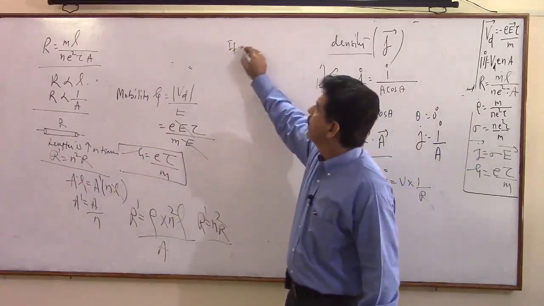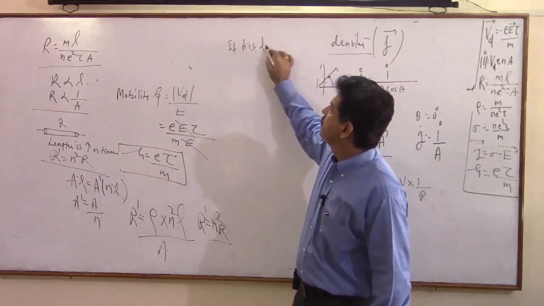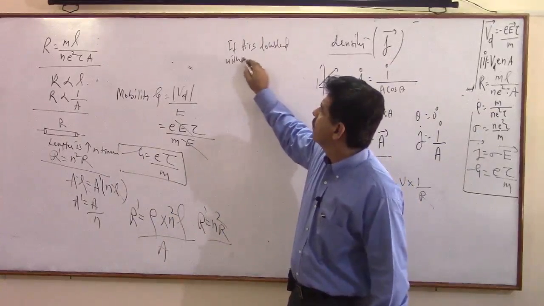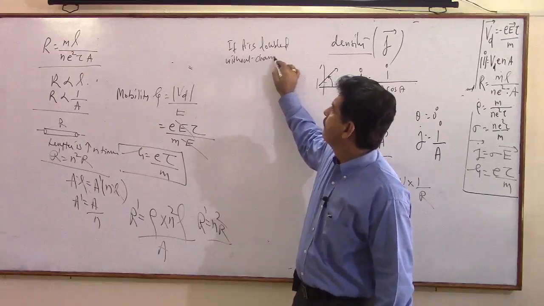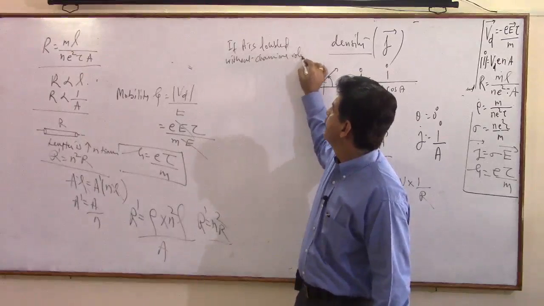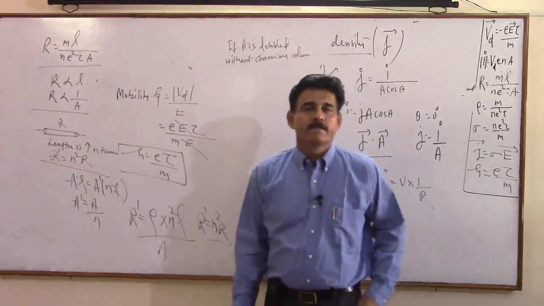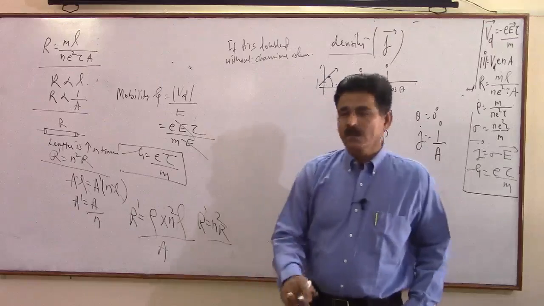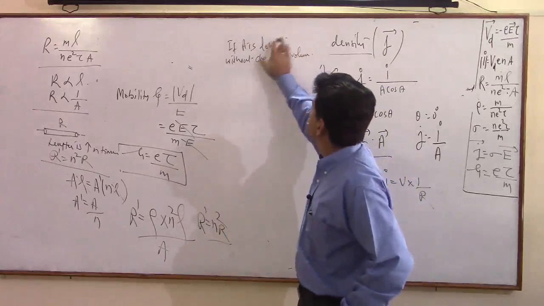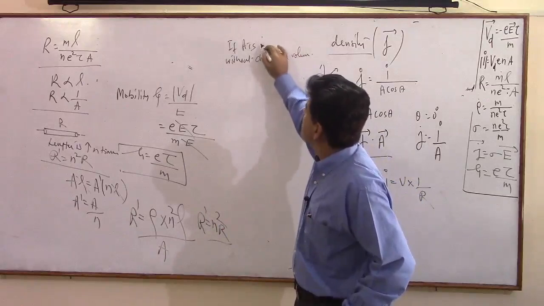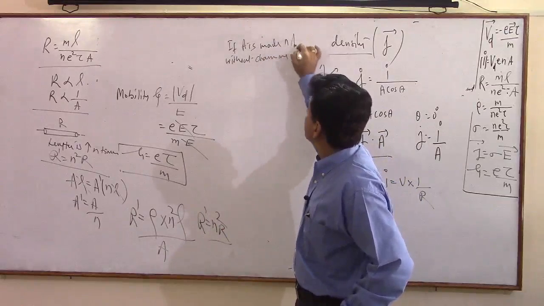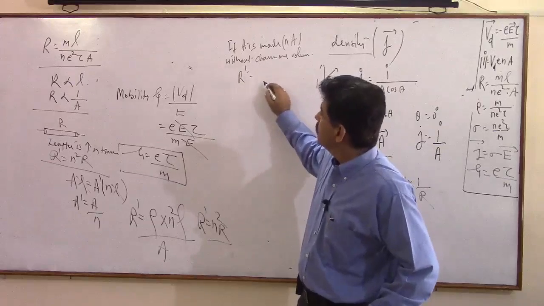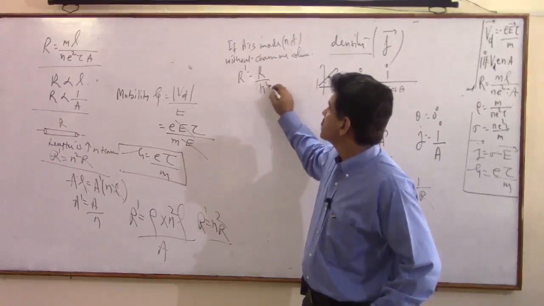If A is doubled without changing volume, okay, let us say double की जगह A is made NA, that is increased N times, then the new resistance will be equal to R by N square.